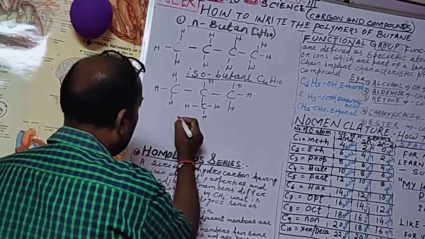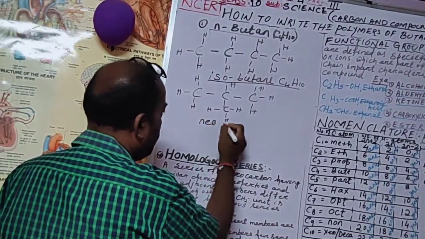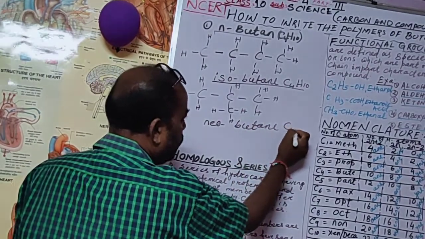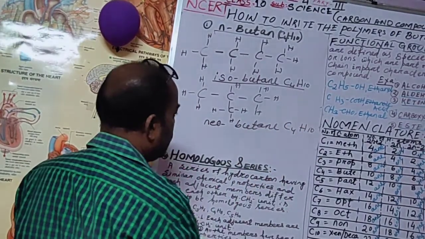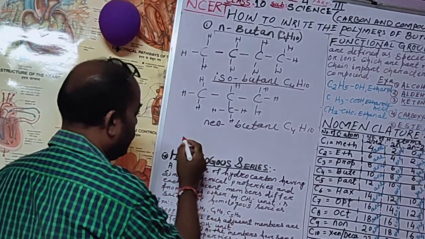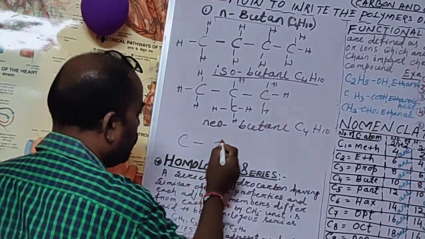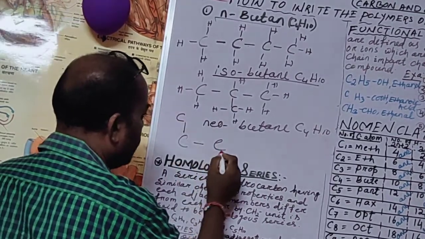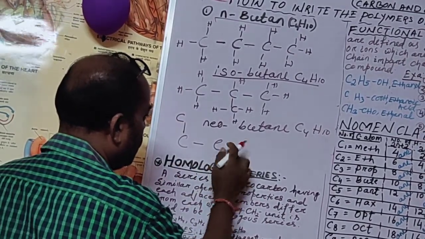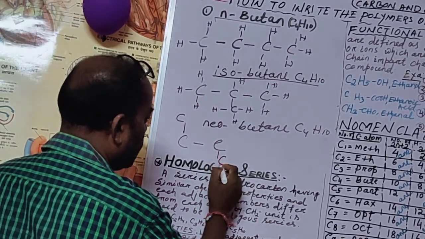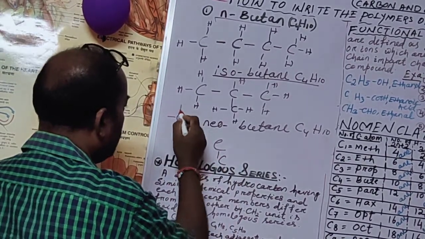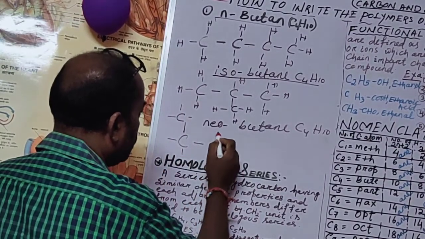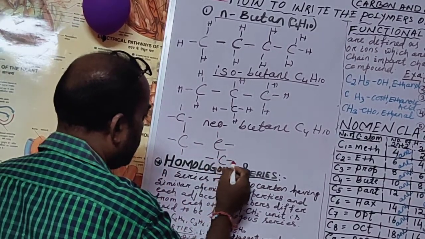Then we will come to the neobutane. The formula is the same, C4H10. So let us see how to make the neobutane. We will make 2 carbons in the chain, and 1 C here and 1 C here, suppose. These are the branches.